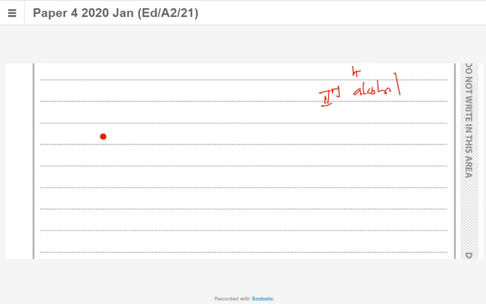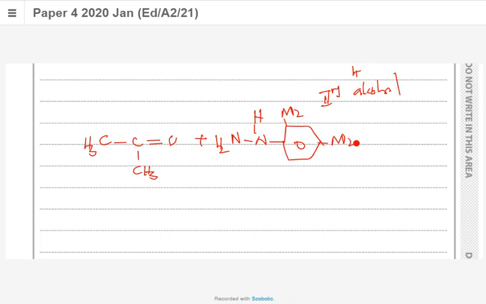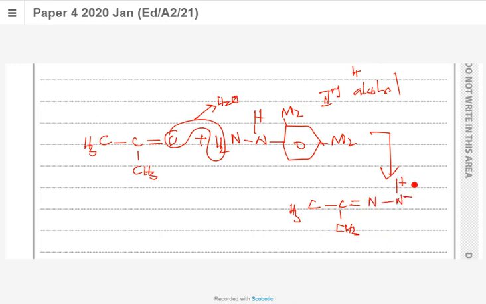So you can write the reaction for that. The OH goes with the O, and a water molecule is lost, and then you get the precipitate, which is the hydrazone.